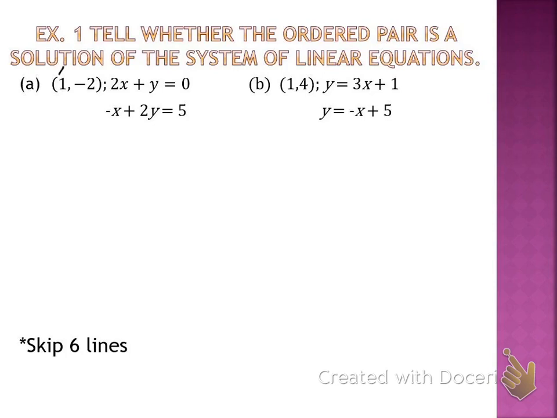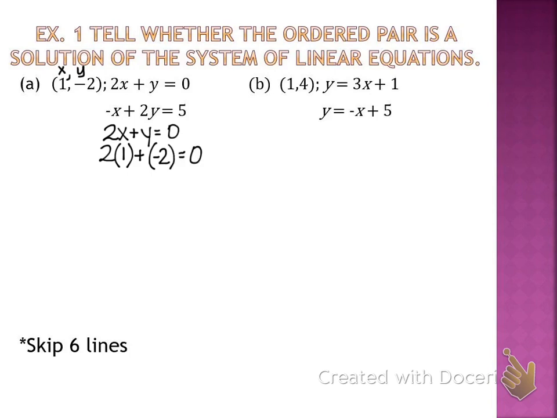And for those of you who might still struggle, remember the first coordinate is my x and the second coordinate is my y. Now, my first equation is 2x plus y equals 0. All right, and I'm going to plug in my values. So 2 times, Jenna, what's my x value? plus, what's my y value? And it's supposed to equal 0.